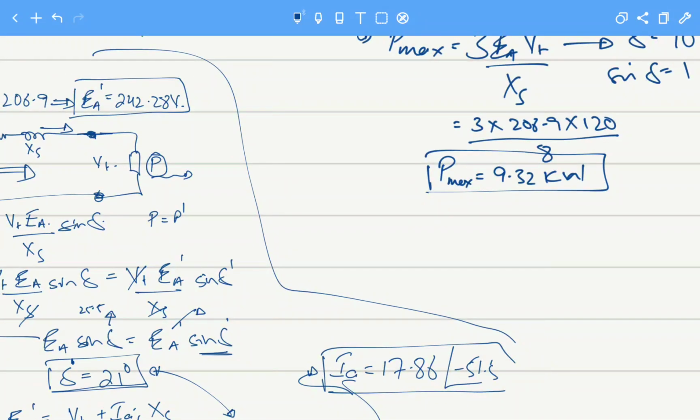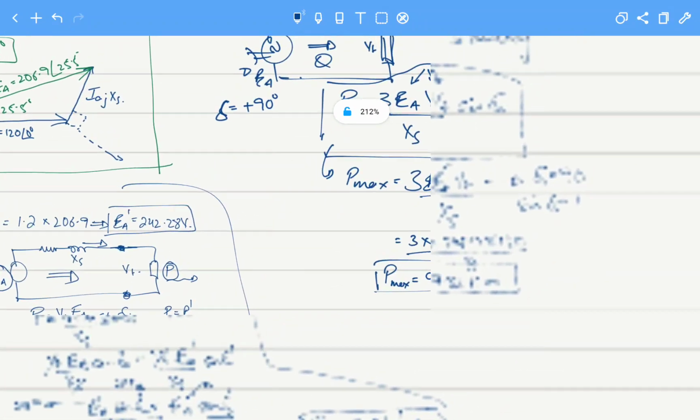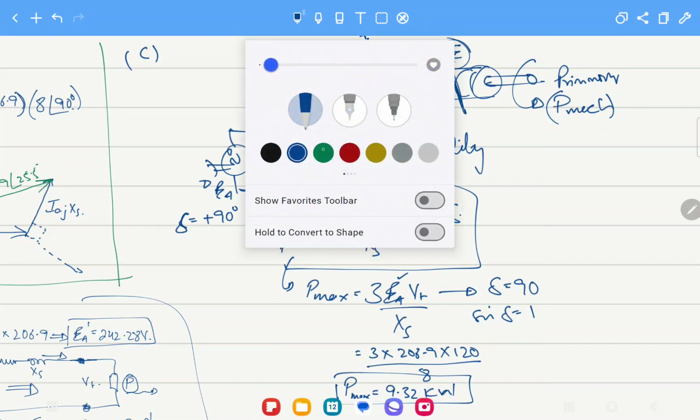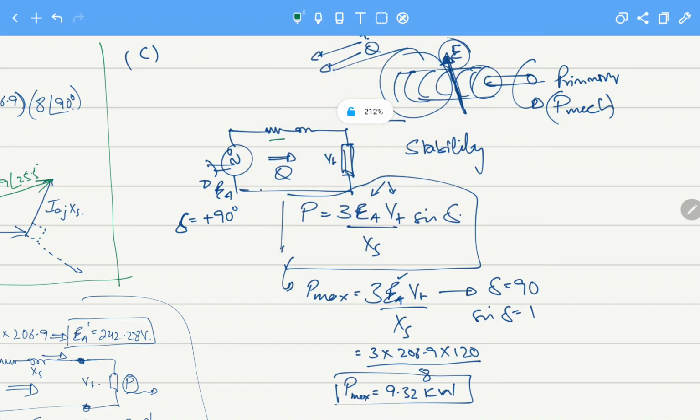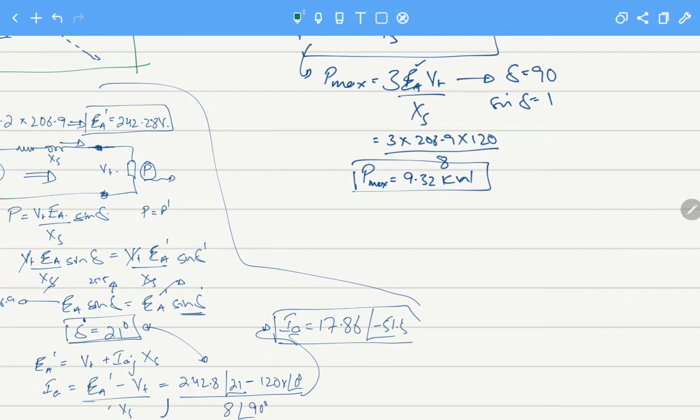This is the maximum power, and for IA we know that if we apply KVL here, IA is EA minus VT over jXS, and in this scenario we know that EA is 206.9 with angle plus 90 degrees.